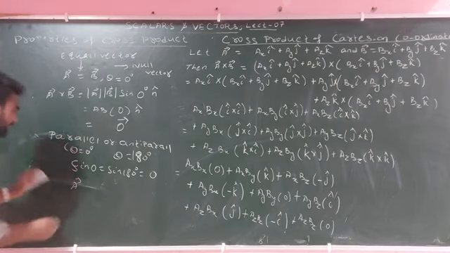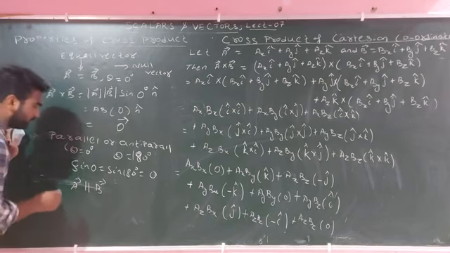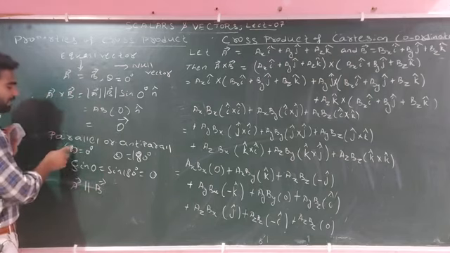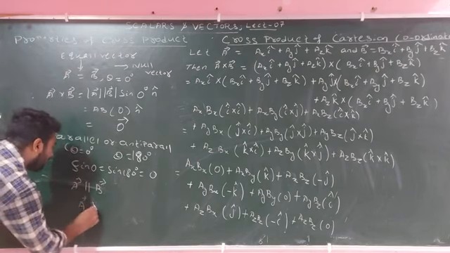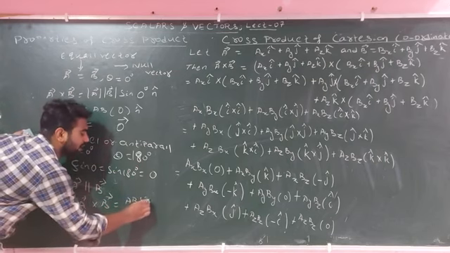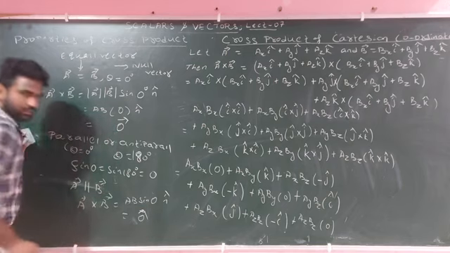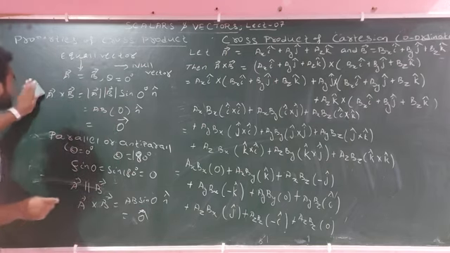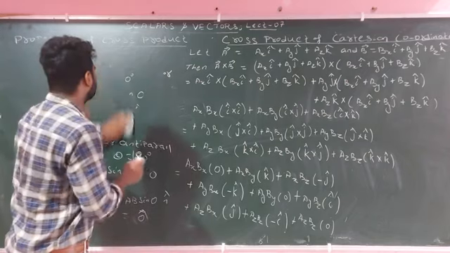Let us consider A and B vectors which are parallel or anti-parallel to each other. Then A cross B equals AB sin 0 n cap, which is also a null vector. Now for unit vectors.